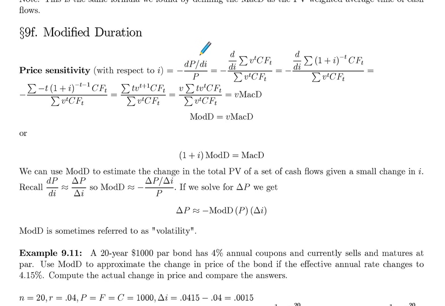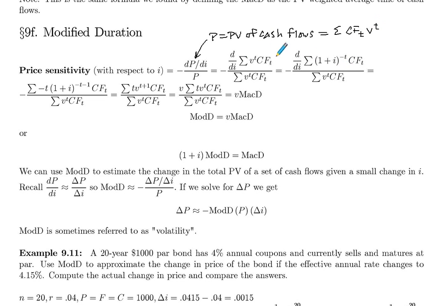Okay, well, our price here is just the present value of the cash flows. And then what is the PV of the cash flows? Well, it's the sum of cash flow at time t times v to the t.